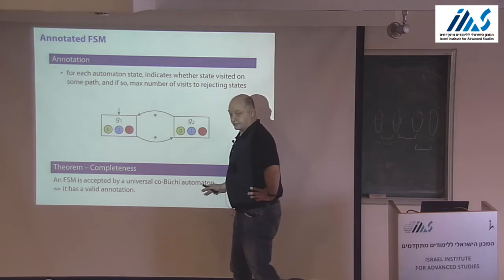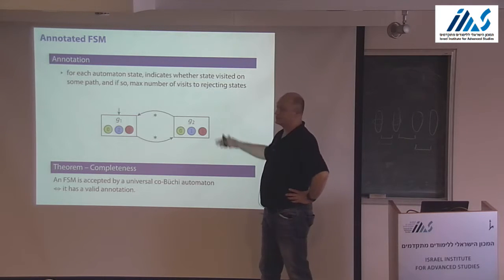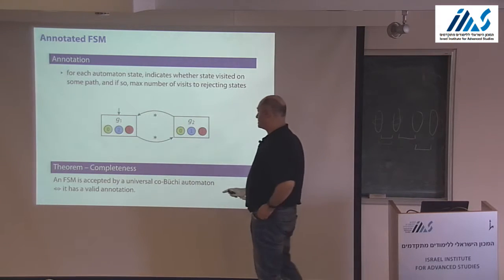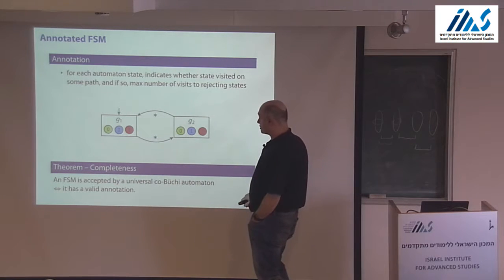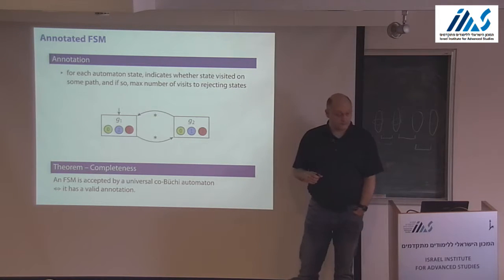And this annotation happens to be a complete criterion for determining whether that implementation is correct or not. So the finite state machine is accepted by the universal Kabuki automaton if and only if such a valid annotation exists.